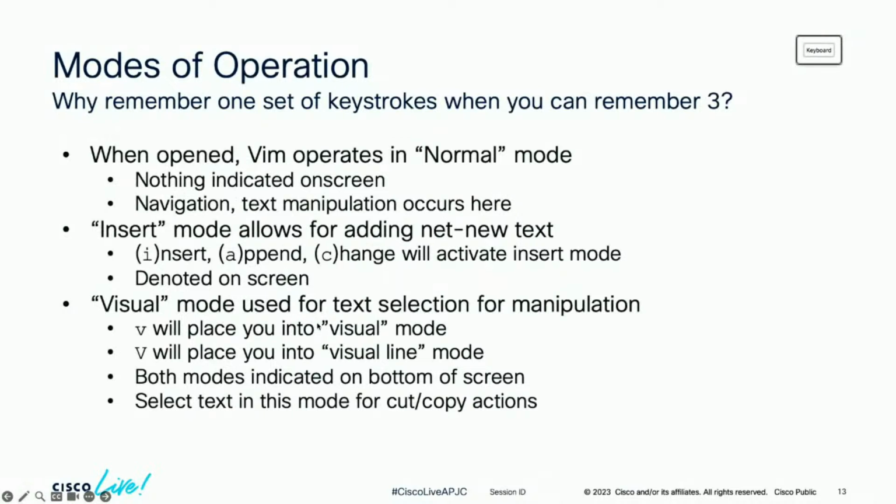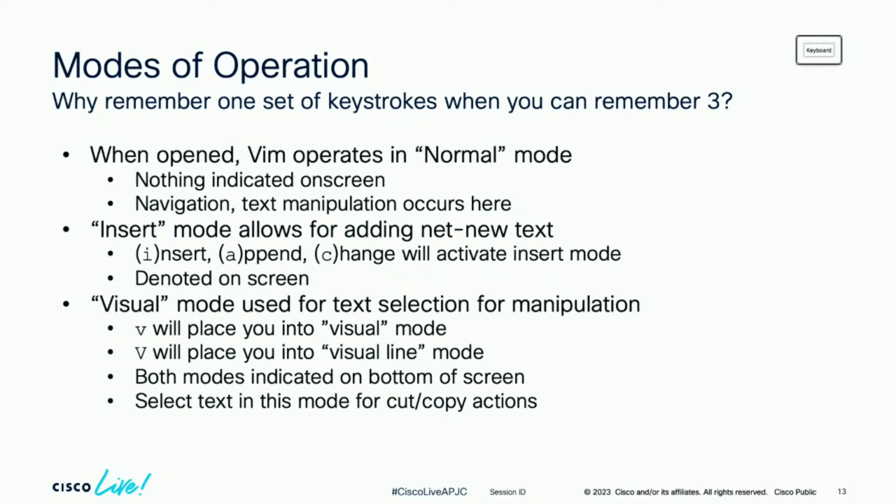If I want to add text to something, I need to enter what's called insert mode. And I do that by using the I, A, or C keys. That's insert, append, or change. And I'll show what the difference is for each of those. That will show insert at the bottom of the screen, and I'm now able to add whatever text freeform that I want, just like a normal what-you-see-is-what-you-get editor.